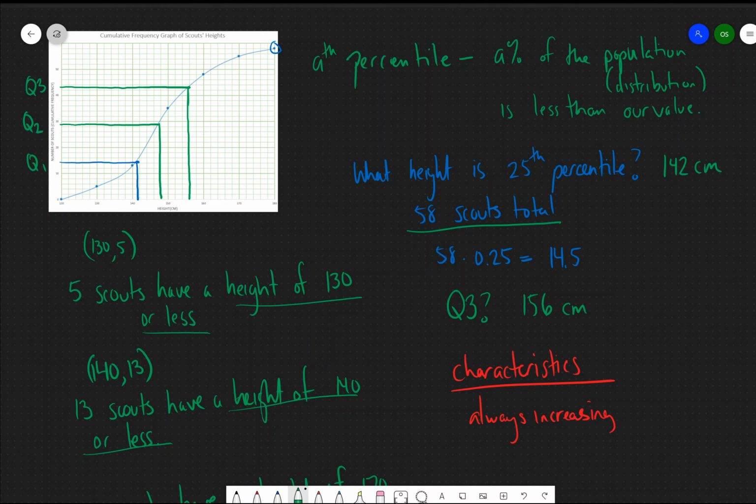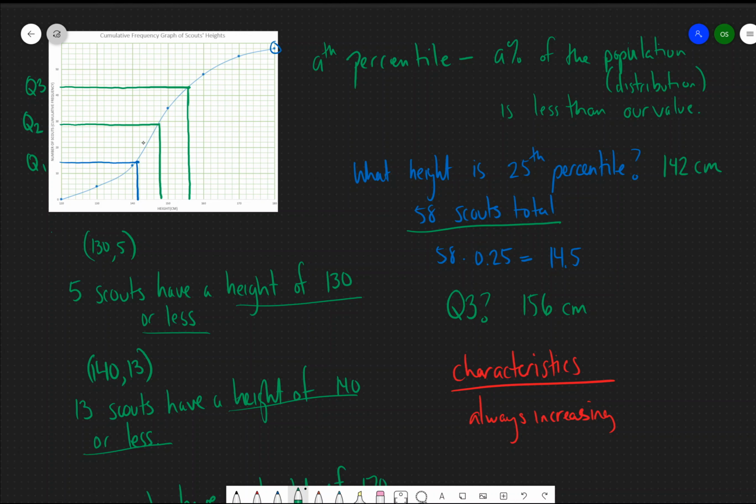Another way we can look at the graph is to see, well, where do I see a lot of growth happening? So the steeper the incline is on the graph, that means the more growth is happening in the graph. So if you look here from the Q1 to Q2, I have a very steep graph. So there's a lot of growth here because we went from having about 14 scouts to then going up and having 29 scouts.